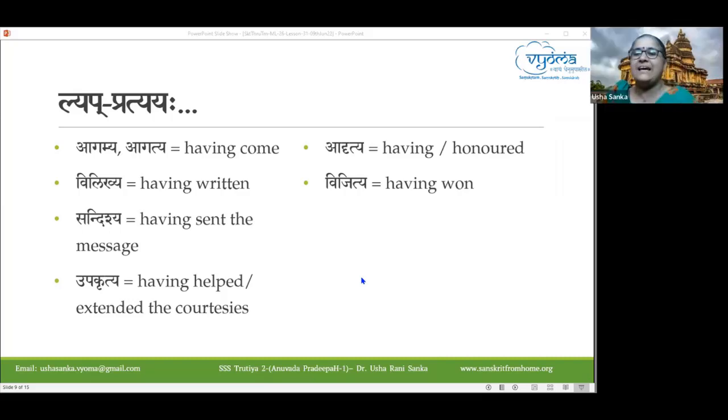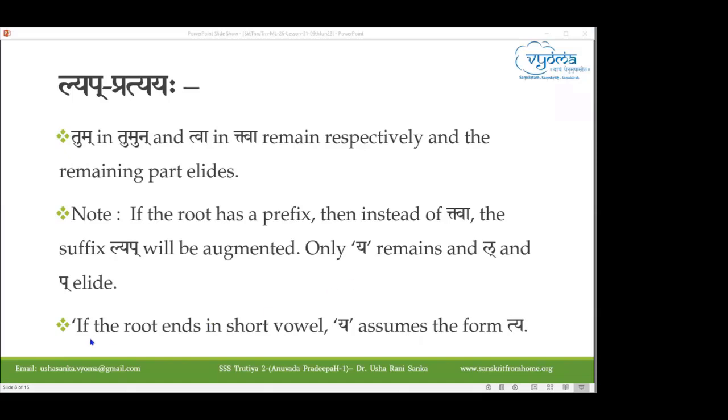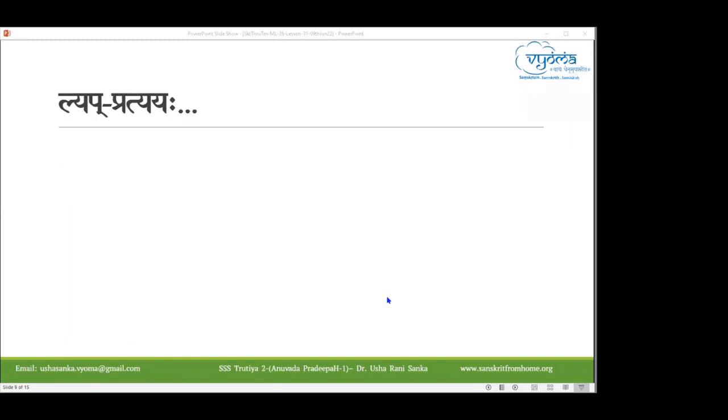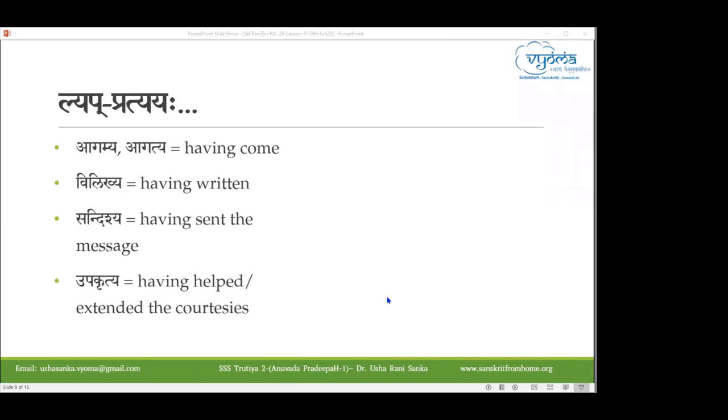Because the ji is short i ending. That is why before adding ya, ta comes in between. If the root ends in short vowel, ya is in the form of tya. That's all. Okay.